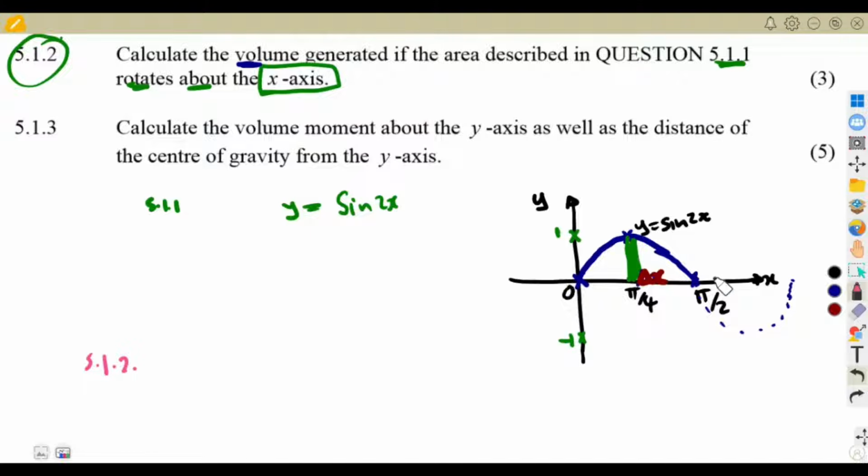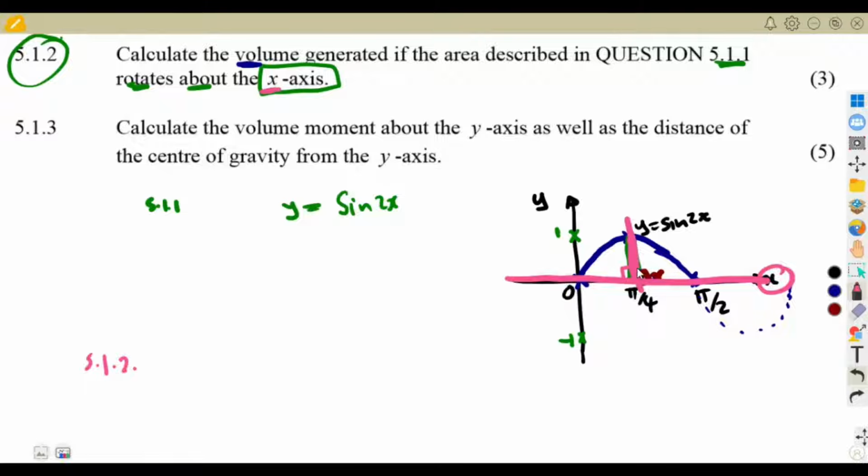In this case, this is our representative strip here, and the axis of rotation is the x-axis. Considering your representative strip and your axis of rotation, the x-axis, are they perpendicular to each other or parallel?